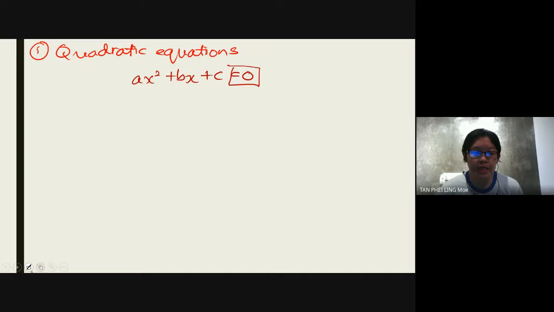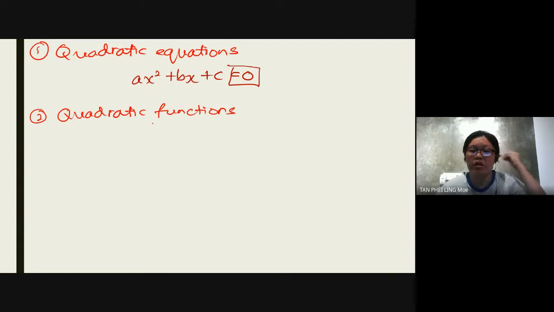The second thing that you have learned today is called quadratic function. The difference, of course, is between equations and functions. I can still write my functions in general form, which is ax squared plus bx plus c.